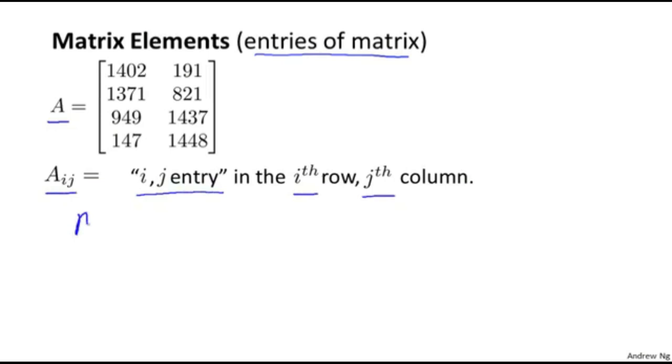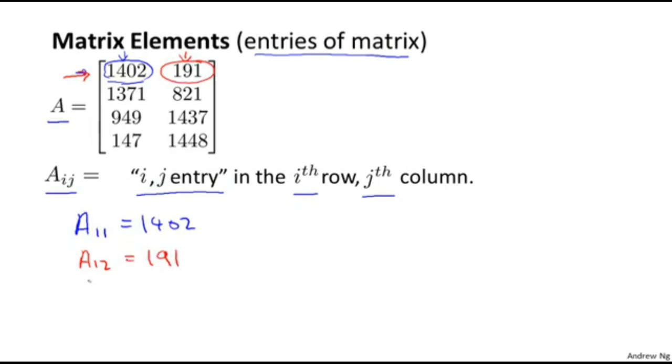So for example, A11 refers to the entry in the first row and the first column. A11 is equal to 1402. Another example, A12 refers to the entry in the first row and the second column. And so A12 is equal to 191.